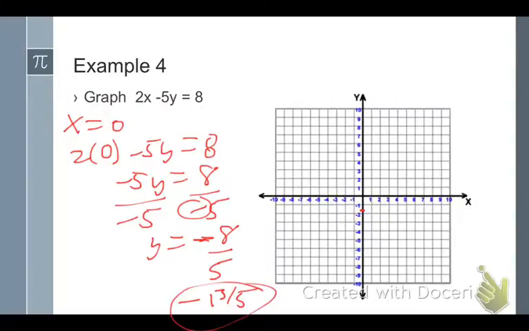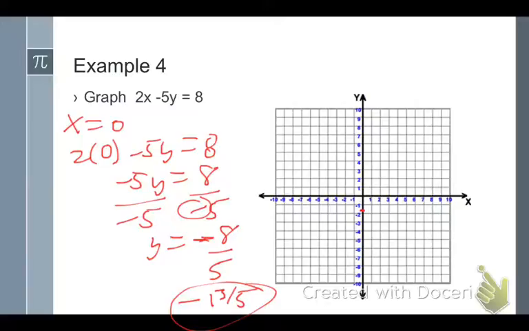Or you can pick different values for x, you could just pick x as 1 and see if that helps you get a better number, or pick x as 2, pick x as 3. But really, don't avoid fractions all the time. You should be able to use them. So that's my x is 0, y is negative 1 and 3/5.